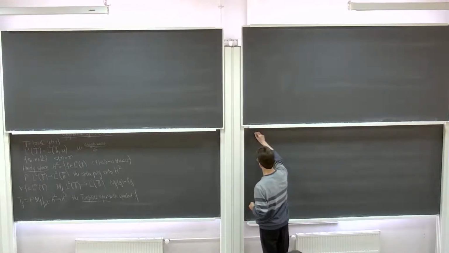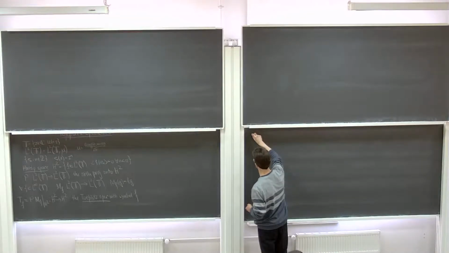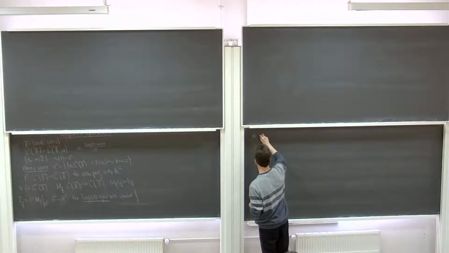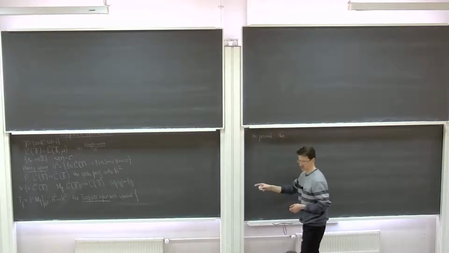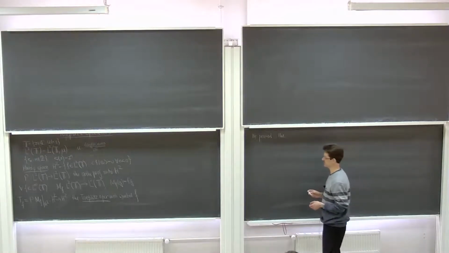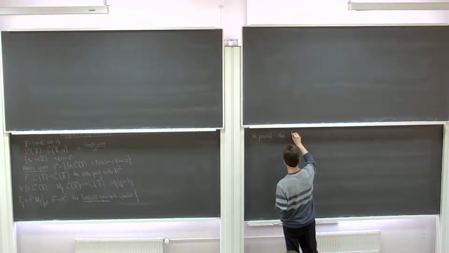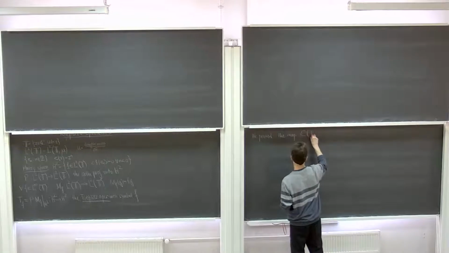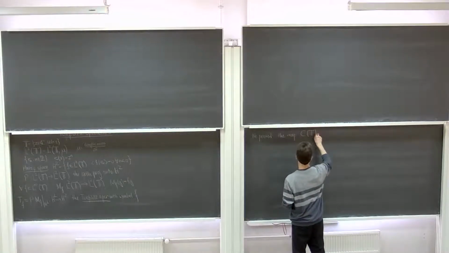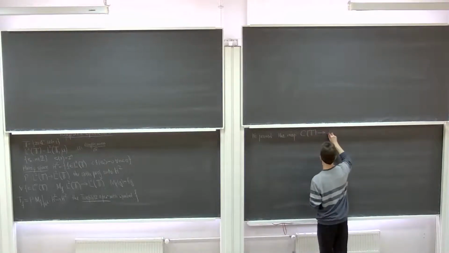So at the end of the previous lecture, we proved the following result. We proved that if we take each function f to the respective Toeplitz operator, then we get a map from the algebra of continuous functions on the circle to the algebra of bounded operators on H2.